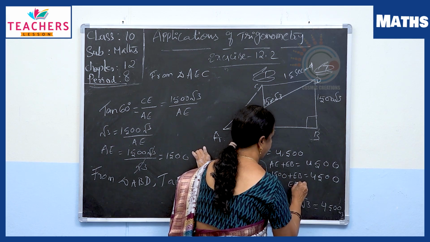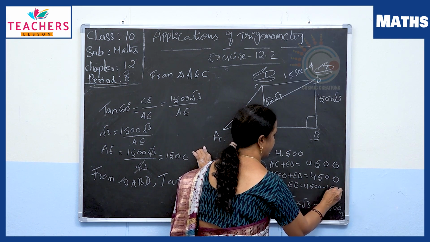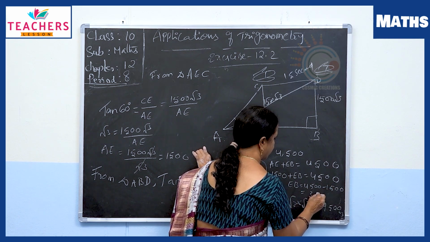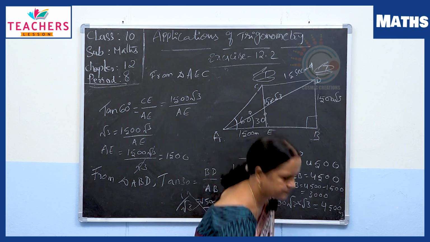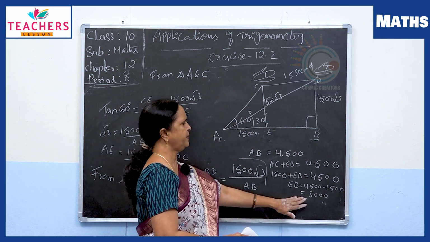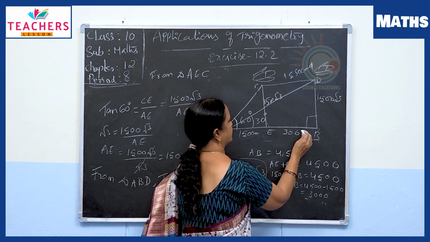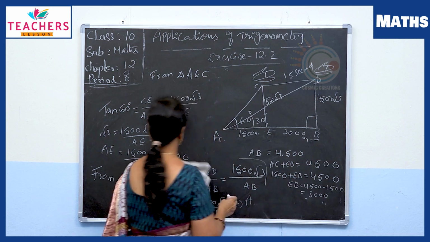Now EB is equal to 4500 minus 1500, which is 3000. What is EB? 3000 meters. We need this one actually. Shall I erase this side?